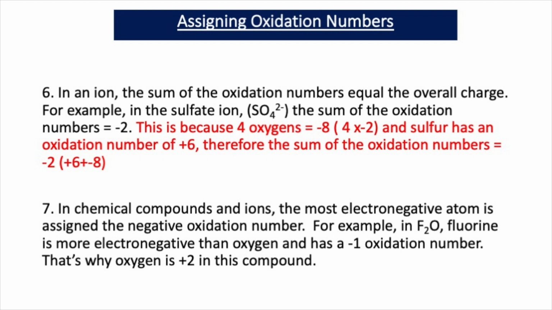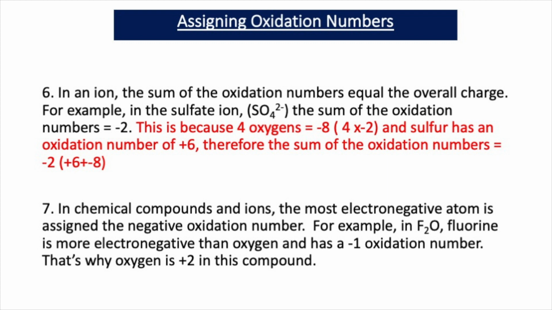Now the last two rules you need to be familiar with when assigning oxidation numbers are as follows. In an ion, the sum of the oxidation numbers equals the overall charge. So for example, in the sulfate ion, which is SO4 2-, the sum of the oxidation numbers is equal to -2 because the charge of the ion is 2-.